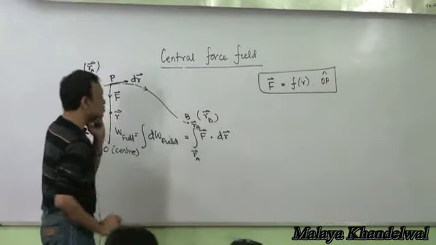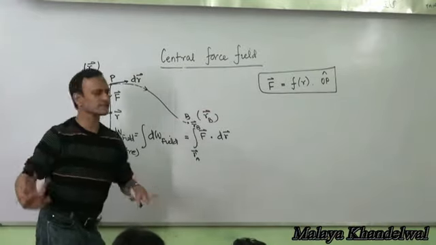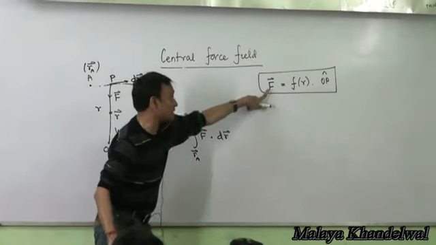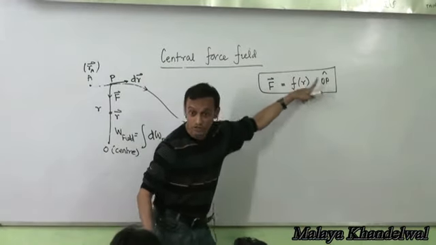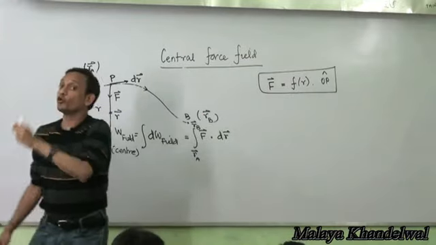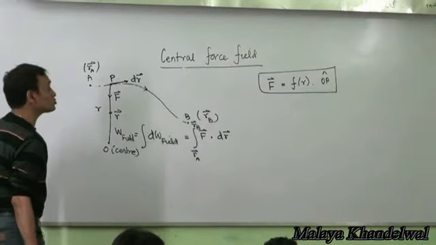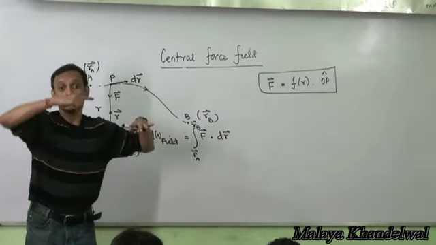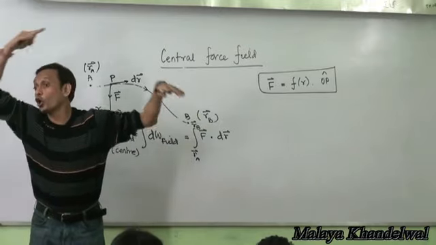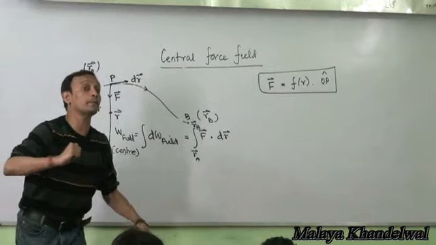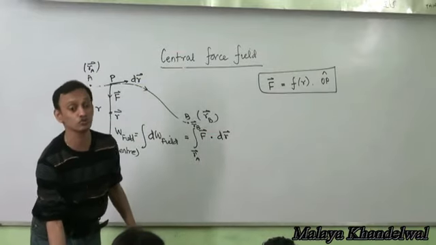But what I would demonstrate, possibly today itself, is that if the force is central in character and of this kind, where it's a function of r, then for all forces of this kind, the work done by the field along any path between A and B will not depend on what the path actually was.